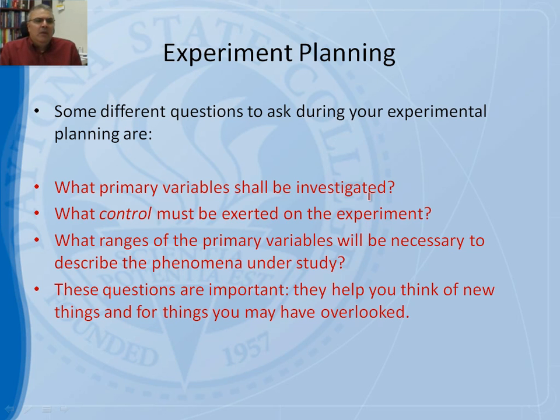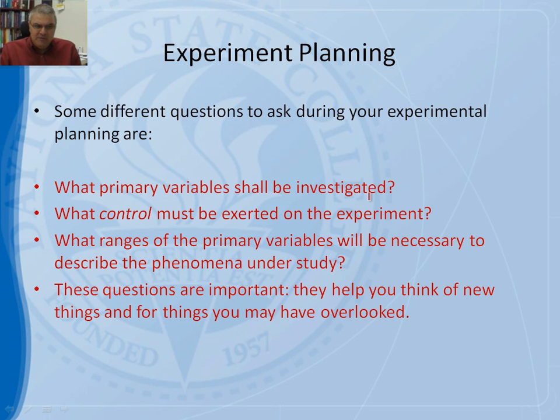So, question number 1. What are the variables? What are the primary variables? Not just all the variables, there could be too many. But what are the primary variables, and which one of those should be investigated?